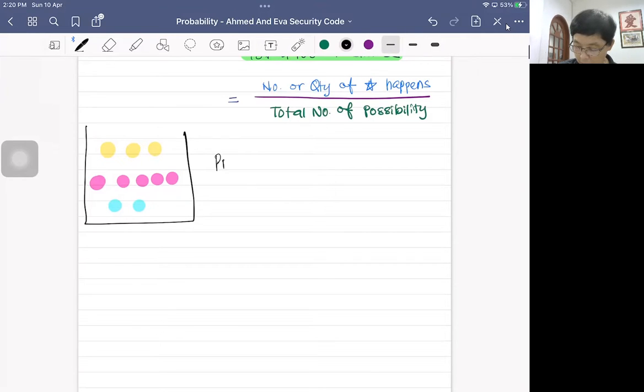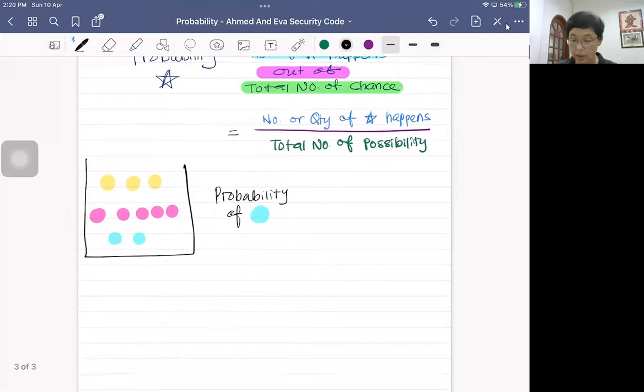So let's put it this way. The probability of getting blue is actually using this same manner, but this time I'm going to use a nice ruler to do that.